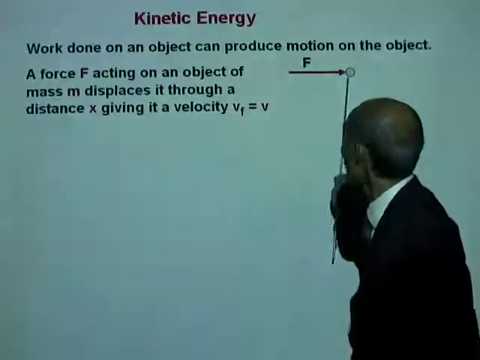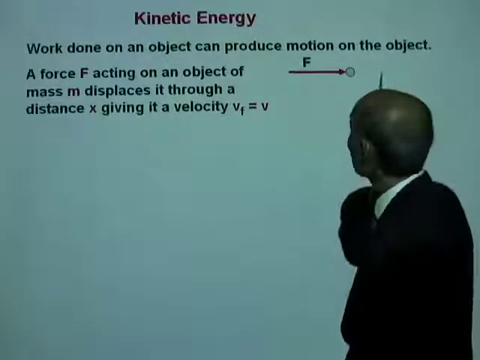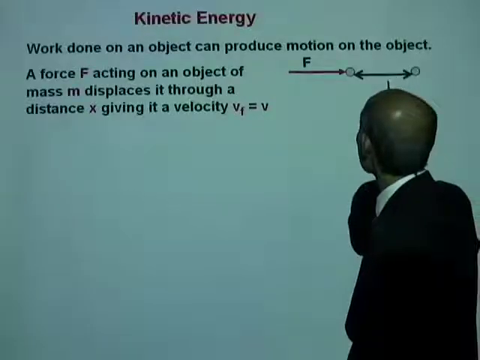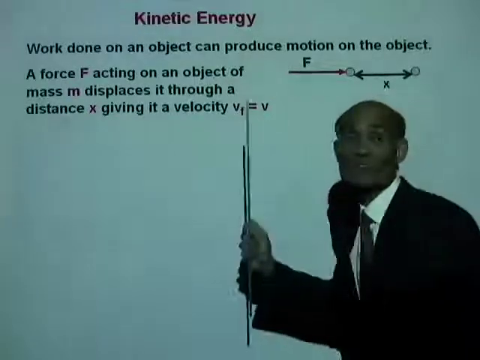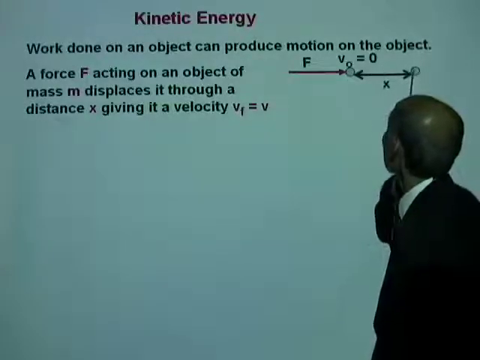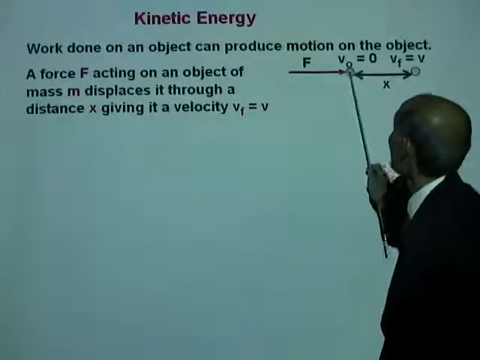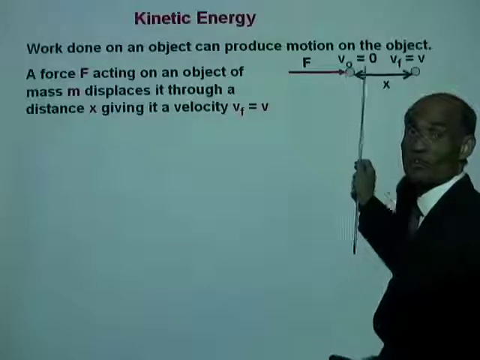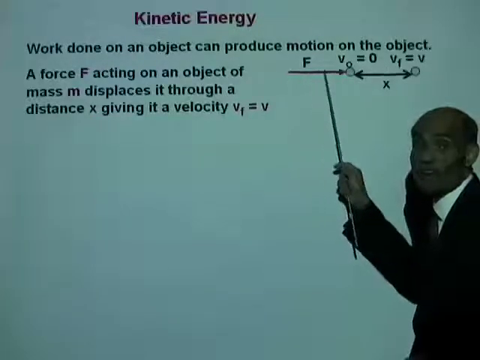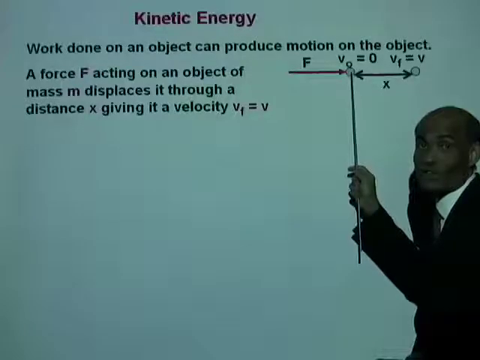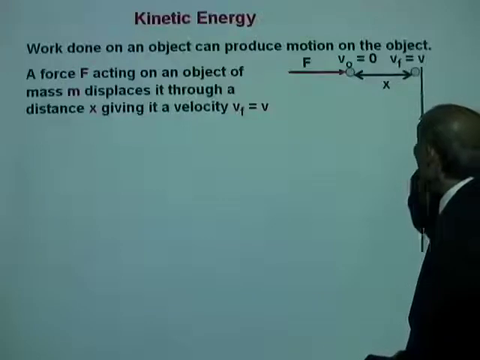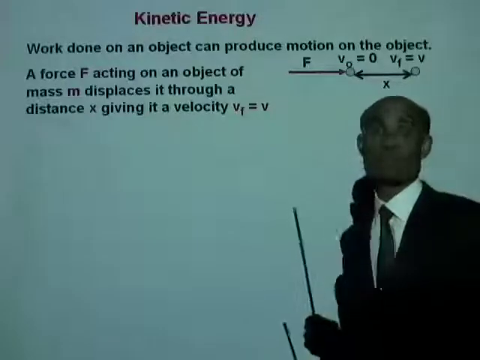And if there is an acceleration, its velocity will change. So the object now moves to a distance x, acquiring a velocity v when it comes here. So the initial velocity of this object is 0. When the force F acts on it, it moves through a distance x, acquiring a velocity v.